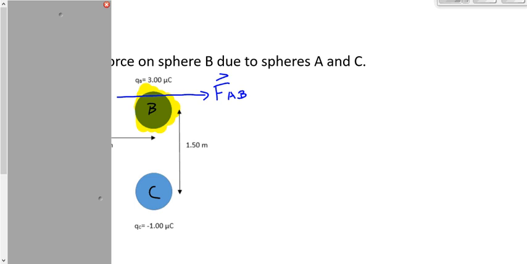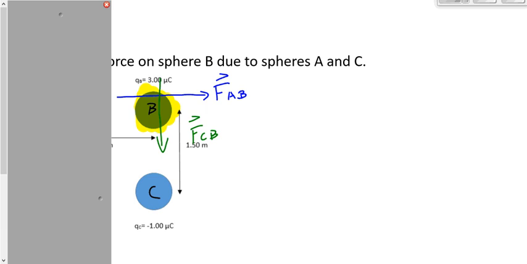If they attract each other, does B get pulled towards C or does it get pushed away? It gets pulled towards, which means it's going to go which way, up or down? It's going to go down. Good. We're going to call that FCB. So we have FAB and FCB. Now, what do we got to do with these now?